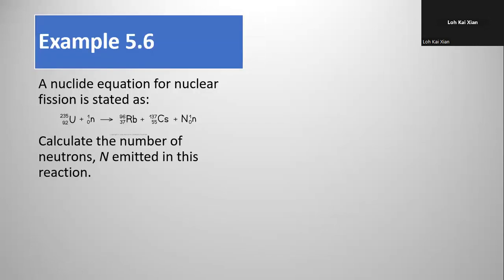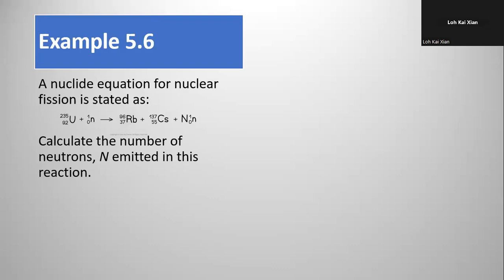Nuclear equation for nuclear fission is stated as that. Can you calculate the number of neutrons emitted in this reaction? What is capital N? Is it a number? Give me a second.